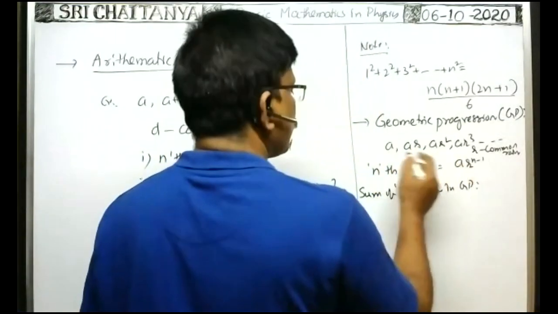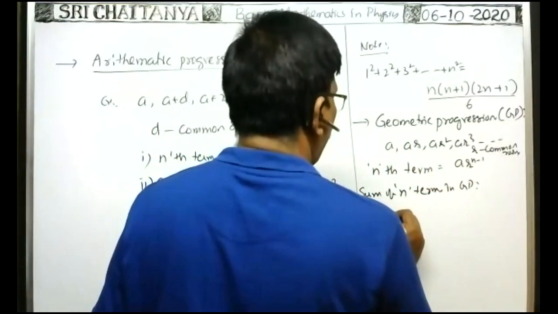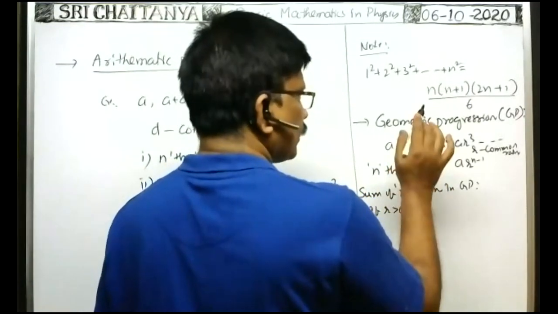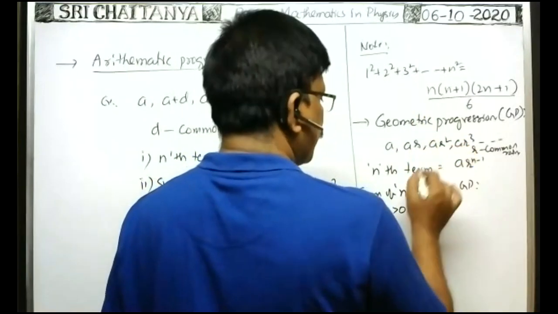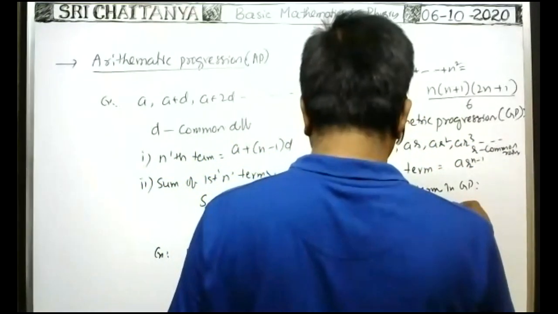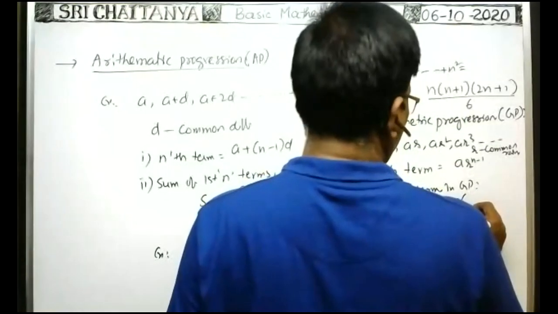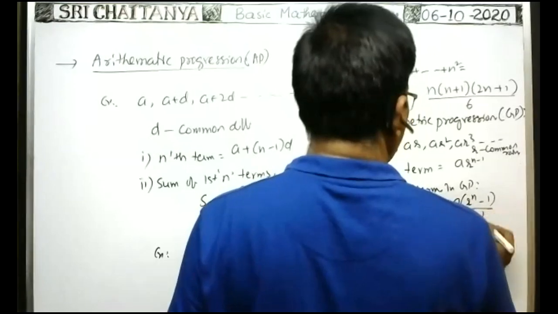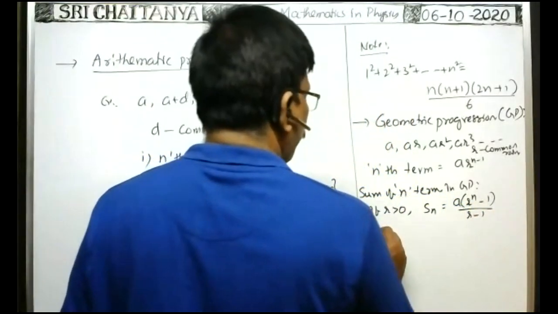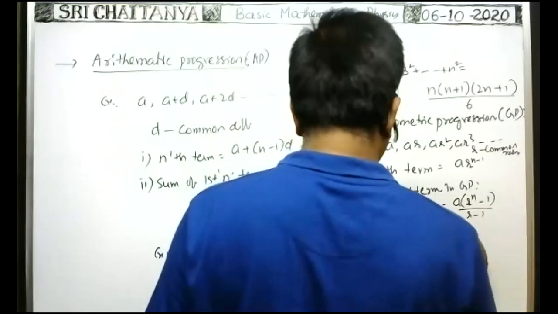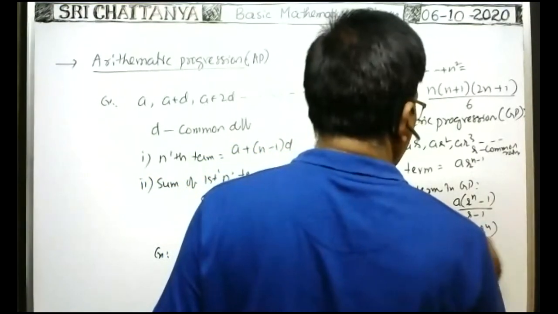If R is greater than 1, that is, if the common ratio between adjacent terms in the geometric progression is greater than 1, the sum of the n terms is equal to A into R power of n minus 1 by R minus 1. If R is less than 1, then the sum of the n terms is equal to A into 1 minus R power of n by 1 minus R.